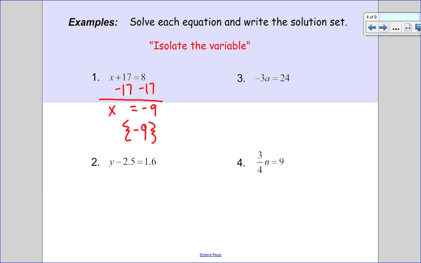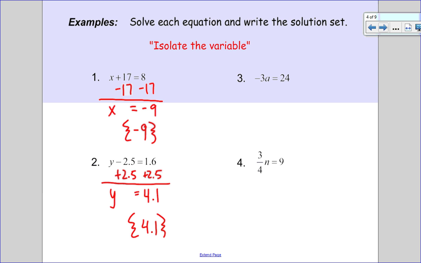For example 2, y minus 2.5 equals 1.6. We add 2.5 to both sides of the equation to isolate our y variable, using again the addition principle, resulting in the equation y equals 4.1, and we see that that will be our solution, 4.1.